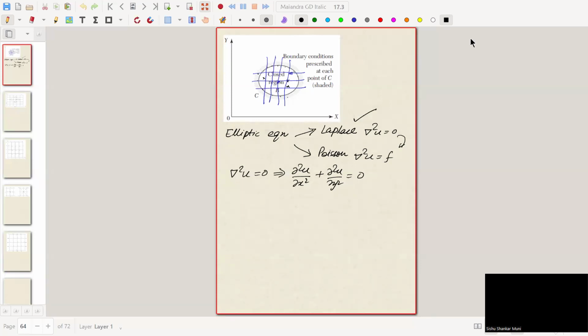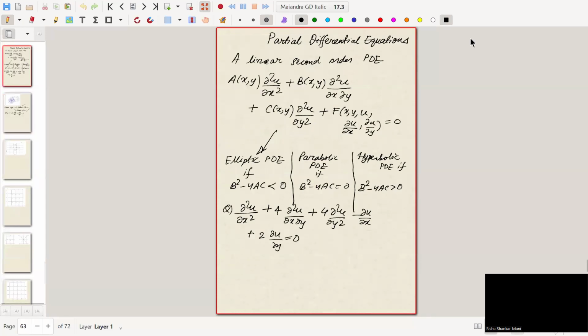So last class we saw how to classify a partial differential equation as parabolic, elliptic, or hyperbolic, depending on the term b square minus 4ac. If you know A, B, C, at least, then you can classify your PDE as elliptic, parabolic, or hyperbolic.